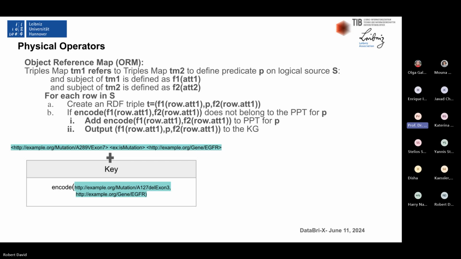So it is receiving again a triple map, verifying that the join between these two triple maps is over the same data source, and avoiding the duplicate generation.